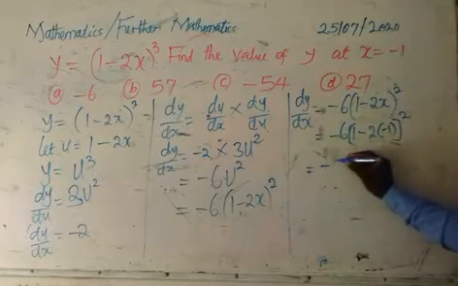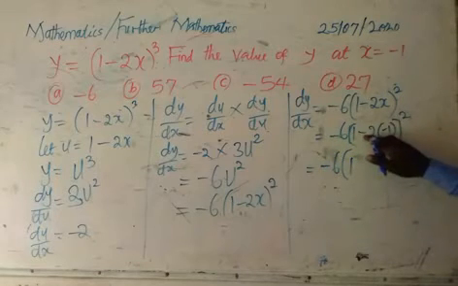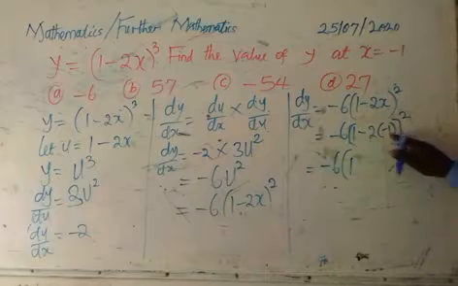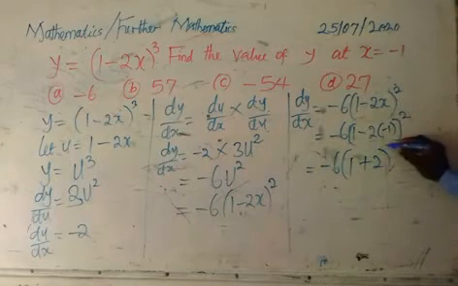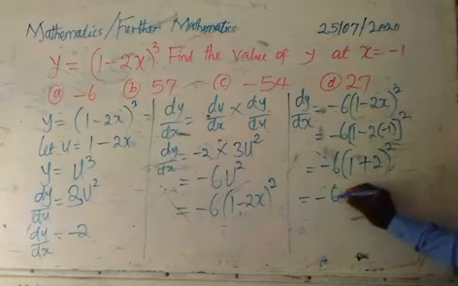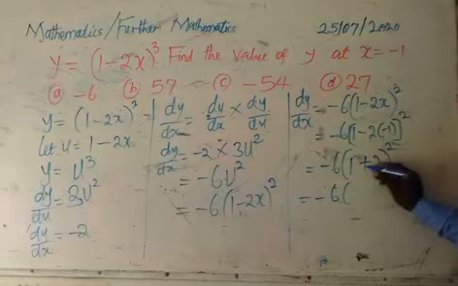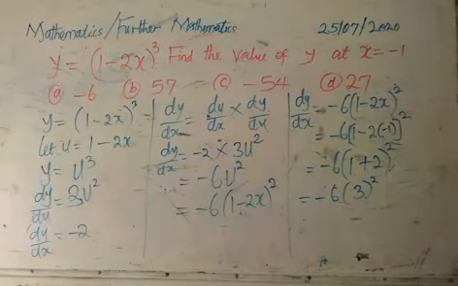So we're going to have minus 6 into (1, negative 2 times negative 1, we're going to have negative 2), all raised to the power of 2. Then we're going to have minus 6 into (1 plus 2 is 3), raised to the power of 2.